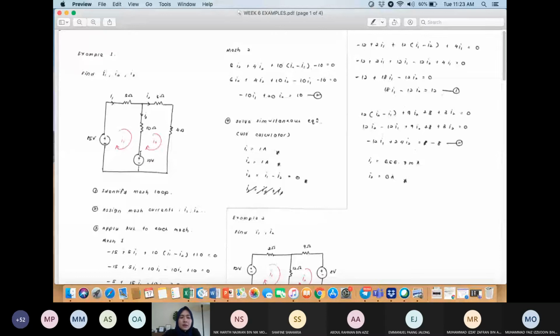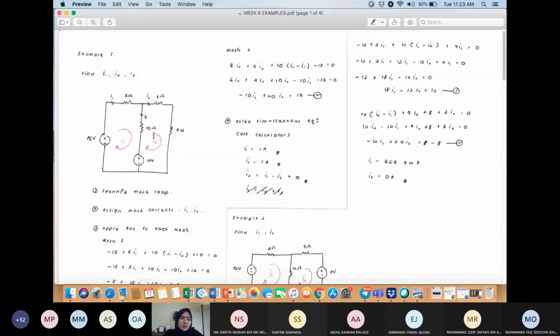And this one is negative 10. If you look at the direction, the current is in the opposite direction. This is positive, negative, so the current here is downwards, while this one is clockwise. That's why it is negative 10.